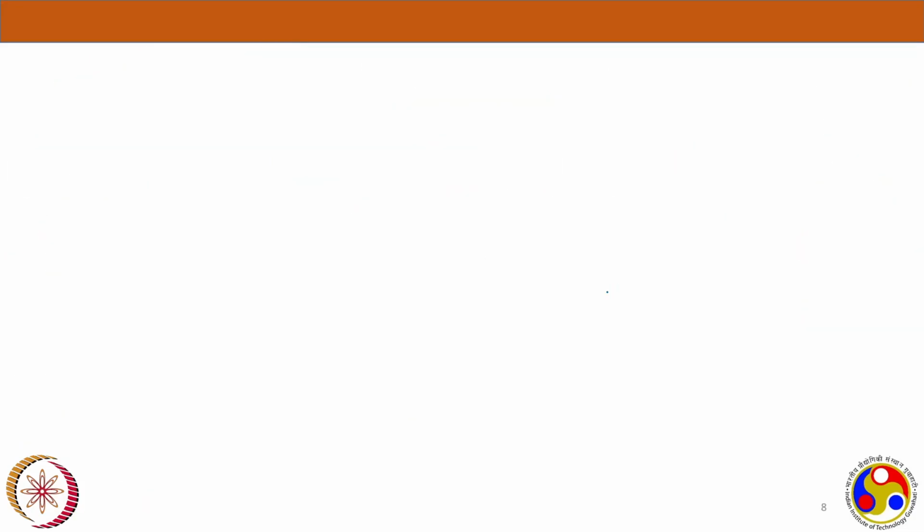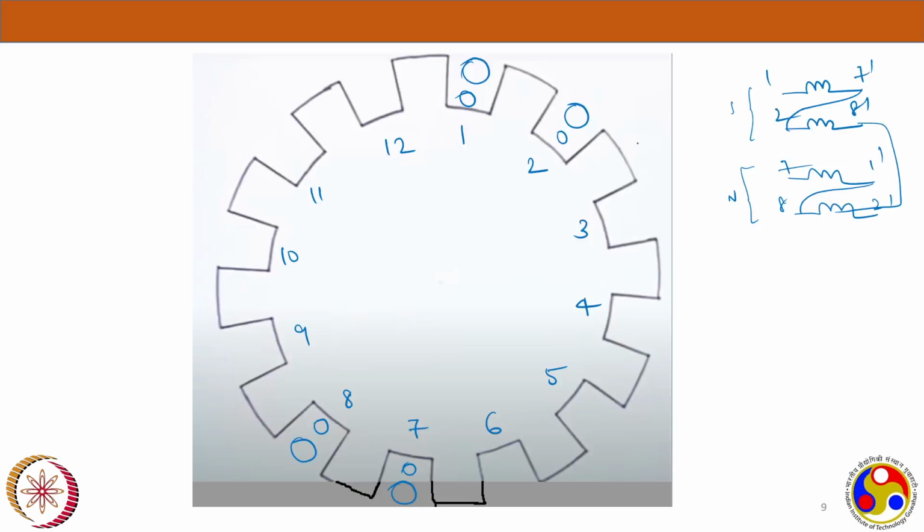Now this is what we will represent in the machine diagram also. So it is 1 cross, 7 dot, and again entering 2 dash, it is cross, leaving 8, and entering 1 dash, leaving output, that is a dot.